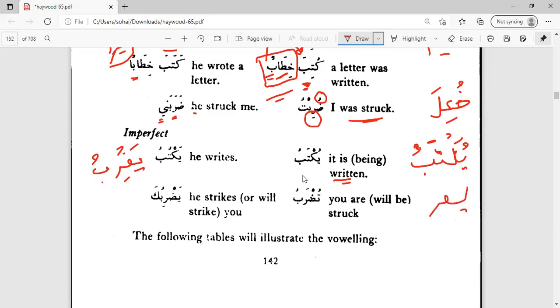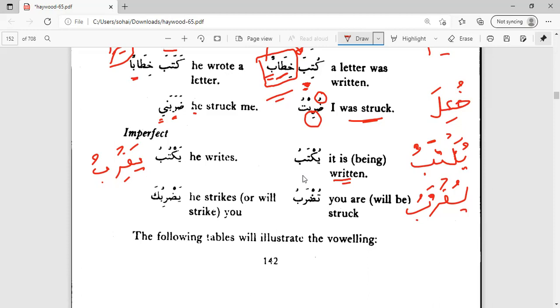But in short, sir, if any form of a word is starting with dhamma, we should consider it a majhul. Not necessarily, because for the time being, for what we've done so far, it will apply.